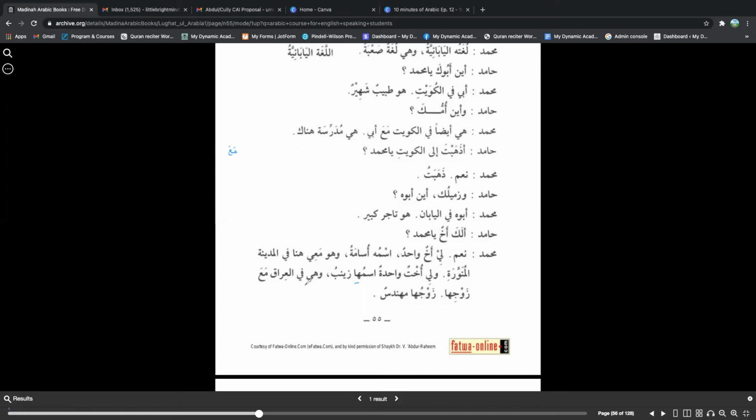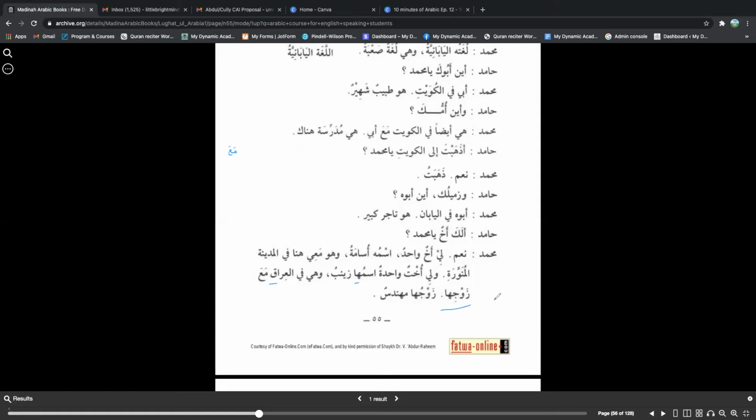Wahia, and she is fil Iraqi. She's in Iraq. You can say al-Iraqi, because this is not mamnu' min as-sarf, so you can change the end. Fil Iraqi, she's in Iraq. Ma'a zawjiha, with her husband. Notice ma'a caused zawjiha to be majroor. Ma'a is also from huruf al-jar, a harf jar, so it causes whatever's after it to be majroor, and the sign of majroor usually is kasra.